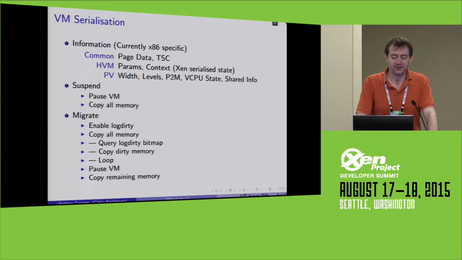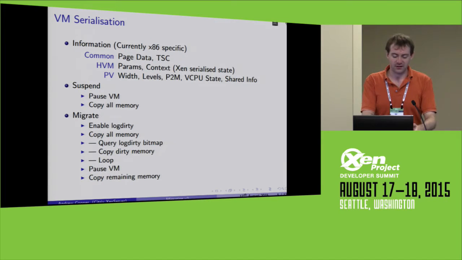So the hypervisor provides logdirty support, which tracks writes to the pages of the guest. You turn on logdirty to start with, copy all of the memory once, and then just loop a few times, asking the hypervisor for the dirty pages.